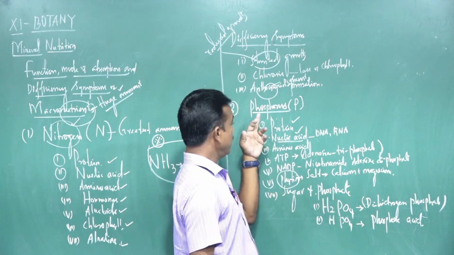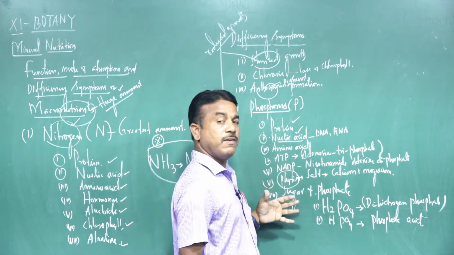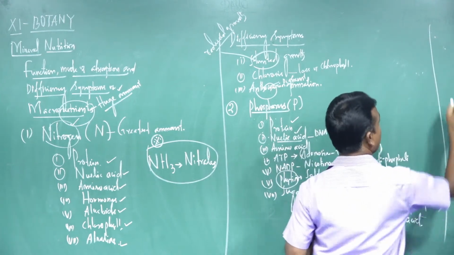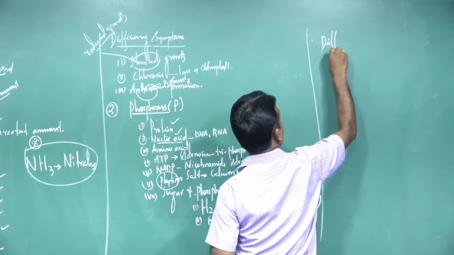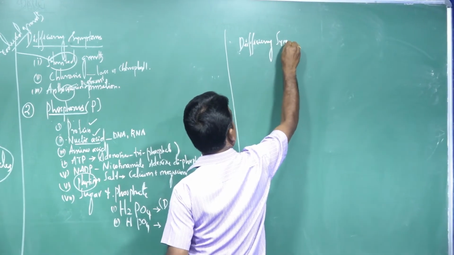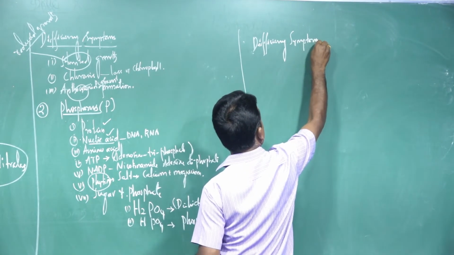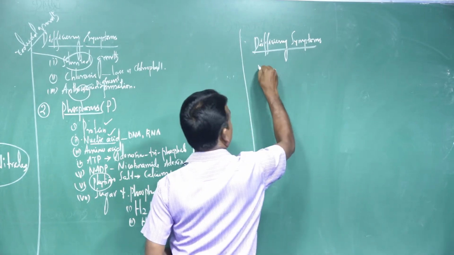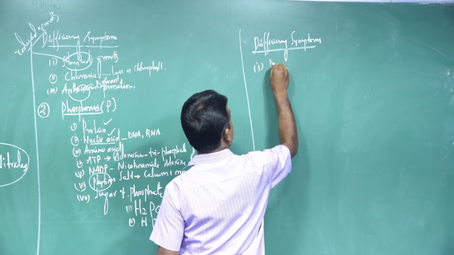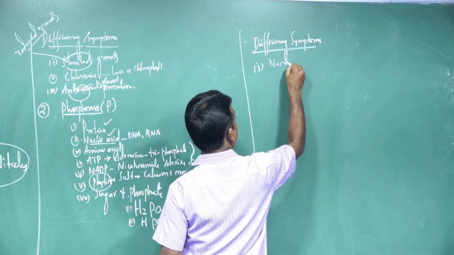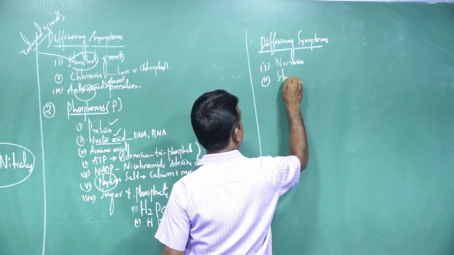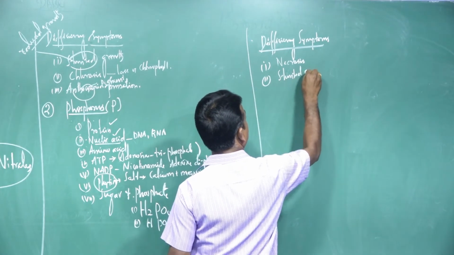If phosphorus is not available to the plant, what are the deficiency symptoms? The first symptom is necrosis. The second symptom is stunted growth.